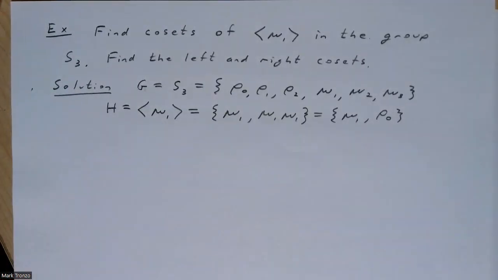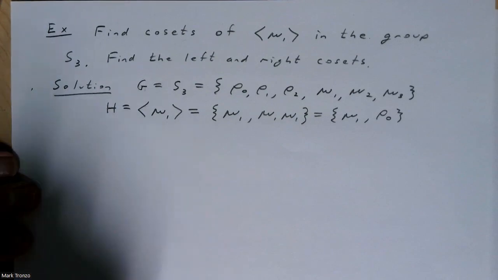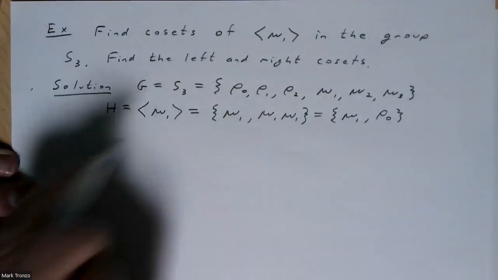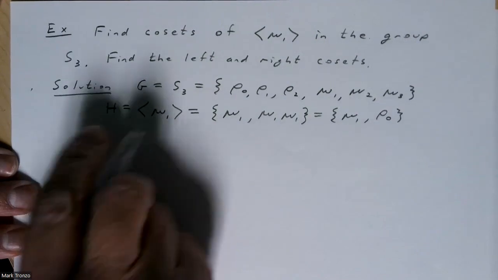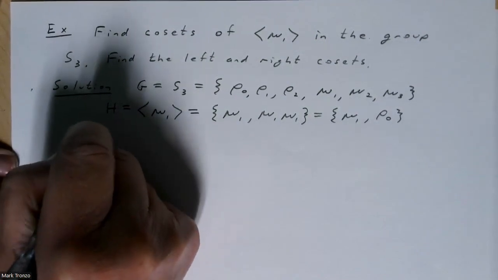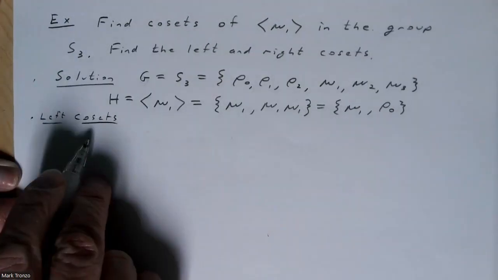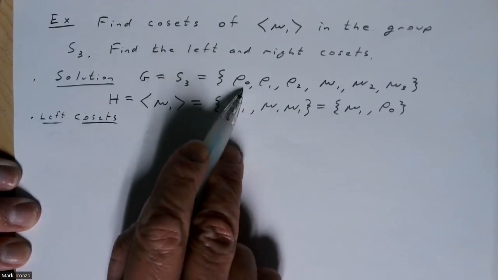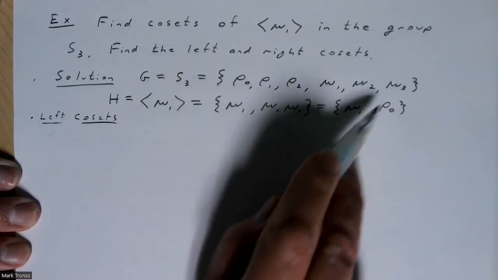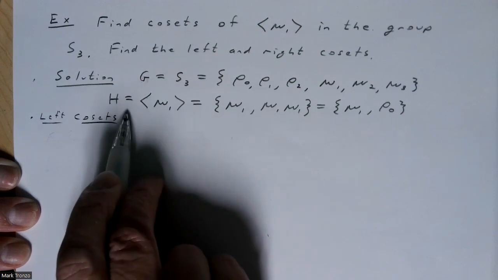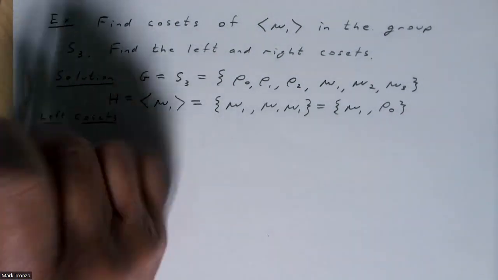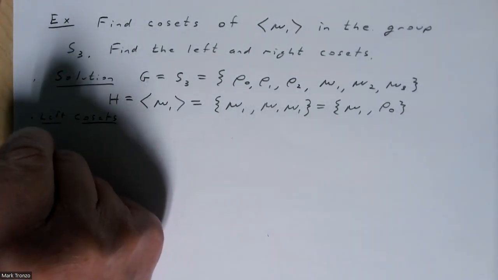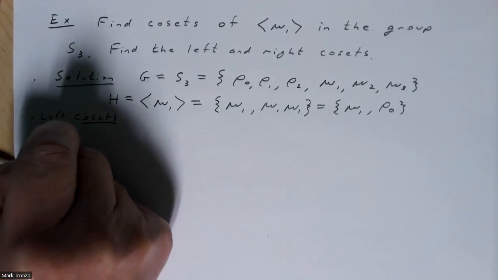So now we want to find all the cosets. So let's go through and do that. And so the cosets, we want to do the left cosets. So that means we're going to take each one of these, multiply by our subgroup H. And again, we multiply them on the left. So rho naught.